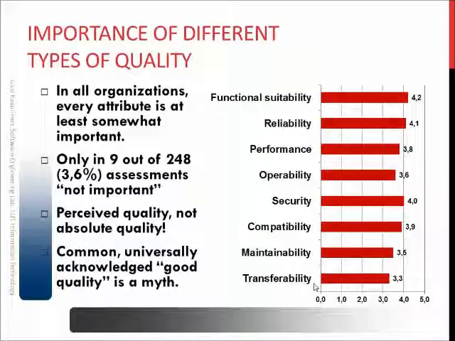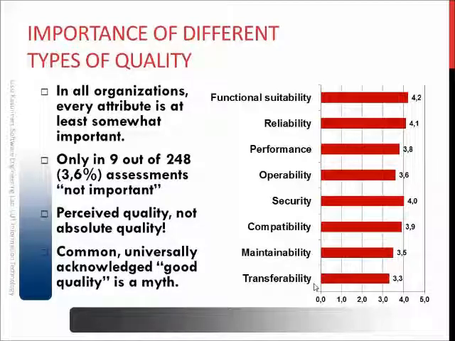But interestingly, the 8 different attributes, the functional suitability, reliability, performance, operability, security, compatibility, maintainability, and transferability, there's really no clear winner here. Actually, in most organizations, all of these attributes are at least somewhat important.